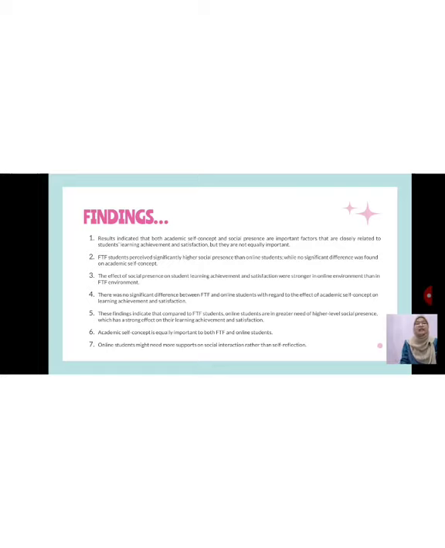However, in online learning, the topics were usually designed by instructors, in the sense that the more the students present themselves online, the more likely they learn more. Academic self-concept is equally important to both face-to-face and online students.